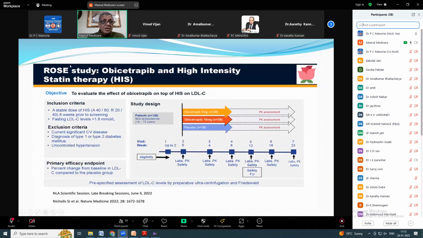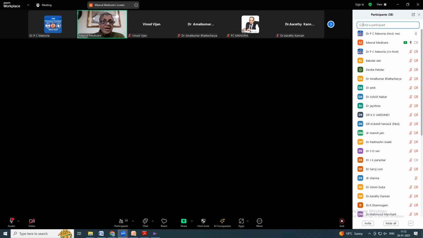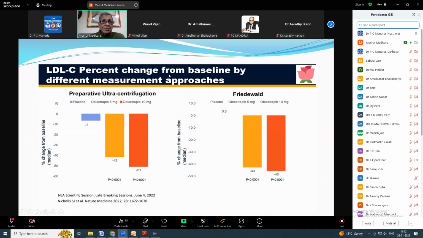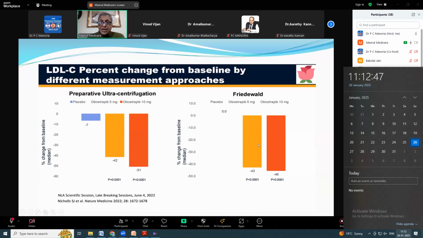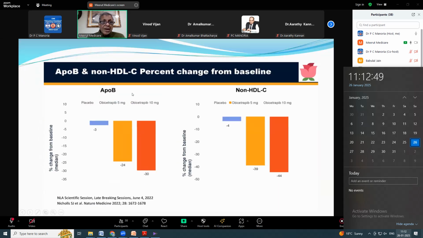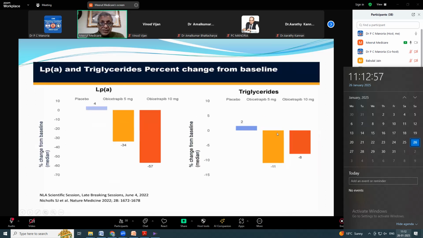And there are several trials, the ROSE trial, which is monotherapy on top of high intensity statin therapy. You find that the LDL-C percentage reduction is dose related: obicetrapib 5 milligram, 42%, 10 milligram, 51%. If you calculate it, this is again 43, 46%. ApoB reduction, again about 30%. Non-HDL-C reduction, which was talked about by Dr. Piyush, 44%.